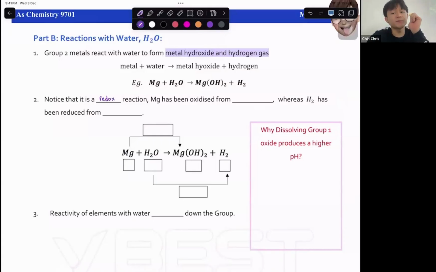Because magnesium has been oxidized from 0 to 2+, and H has been reduced from +1 to 0. So 0 to +2 undergoes oxidation, +1 to 0 undergoes reduction, right?